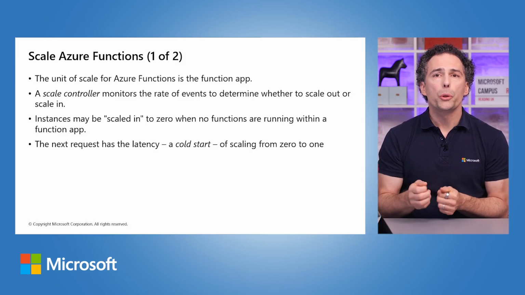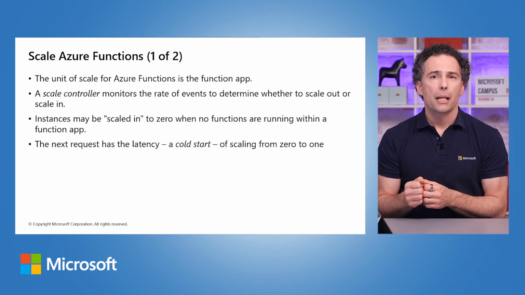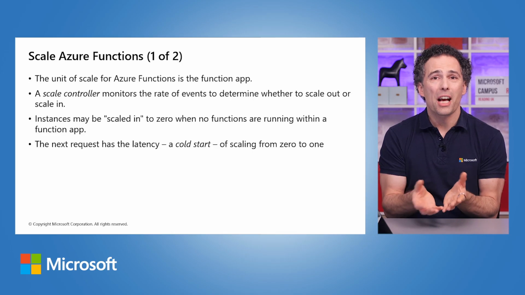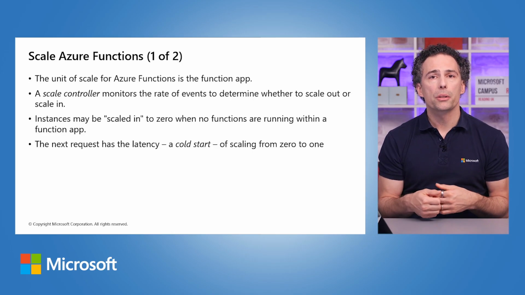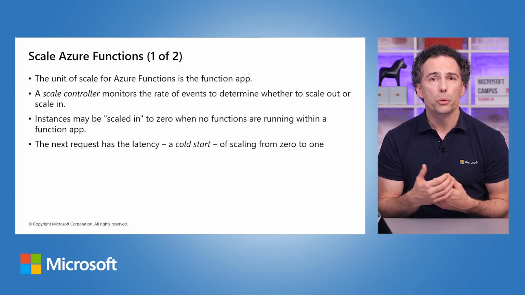The fundamental unit of scale for Azure Functions is the function app. Scaling affects all functions since the resources are shared amongst them. A scale controller continuously monitors event rates and dynamically decides whether to scale out or scale in.